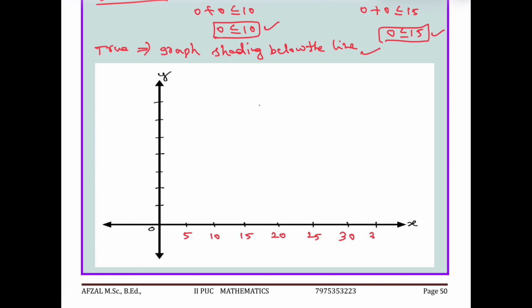Next, fifth question. A equals matrix 1, 5, 2, 3. Then find determinant of A inverse.